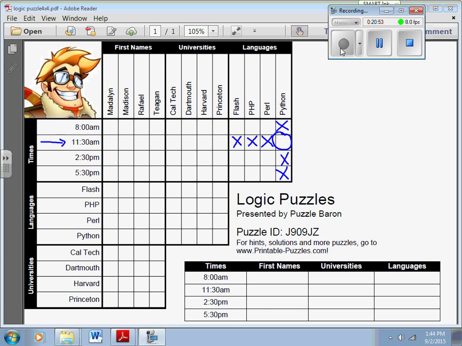The clue reads, the Python programmer arrived earlier than Tegan. And none of them can arrive at the same time. It's only one college per person, and only one time per person, and only one program per person. So hopefully that's starting to make a little bit of sense right now.